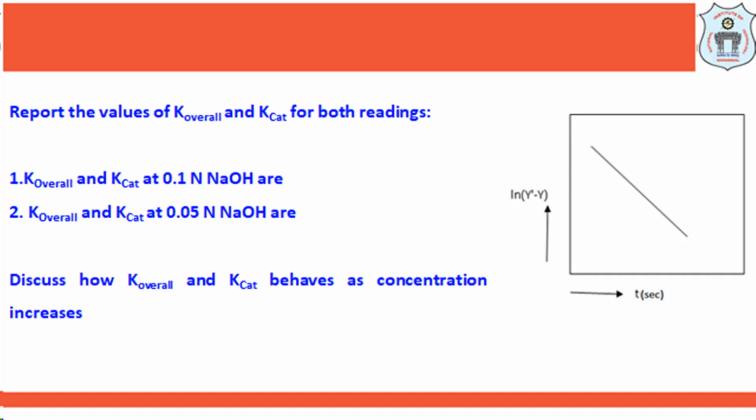Once the values have been calculated, we now need to report it in the results and discussion part. For that, we need to first report the values of the overall rate constant and the catalytic rate constant for both the readings, that is for 0.1 normal NaOH and 0.05 normal NaOH. Once these values have been found out, we need to discuss how the overall rate constant and the catalytic rate constant behave with the change in the concentration.